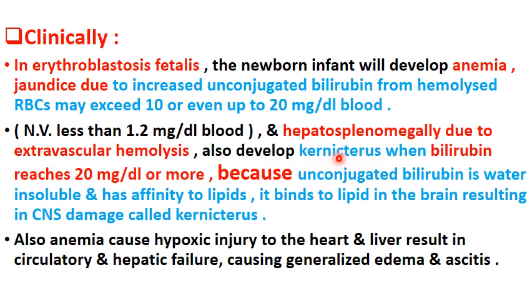It is a situation in which, when the bilirubin reaches 20 milligram per deciliter, it can pass the blood-brain barrier and bind to the lipid in the brain, which results in brain damage and kernicterus. This is the main danger for the baby born to an Rh negative mother.